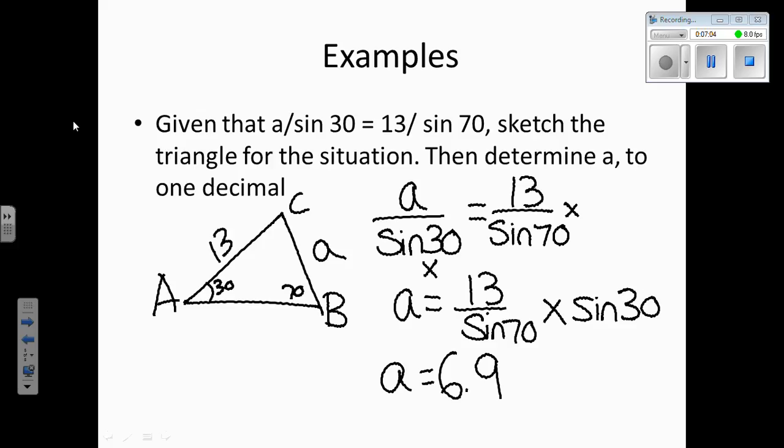So my length for A is 6.9. I could do the same thing if I wanted to solve for C. In order to solve for C, though, I'm going to need the angle. To figure out the angle of C, I would need to go 180, subtract 30, subtract 70.